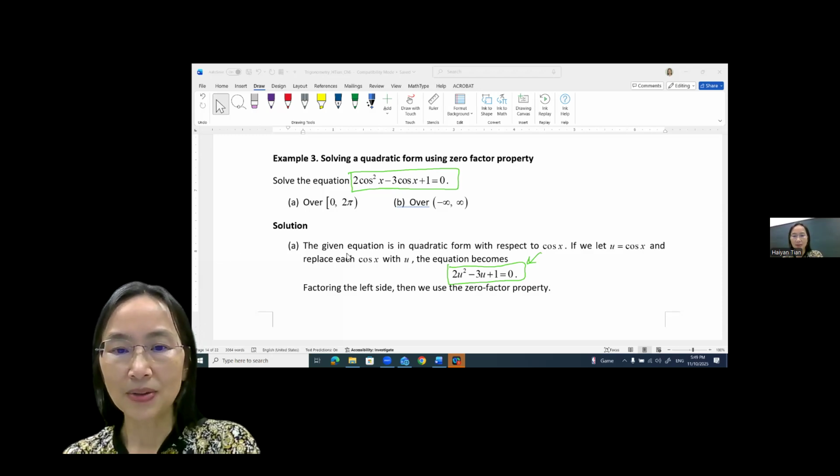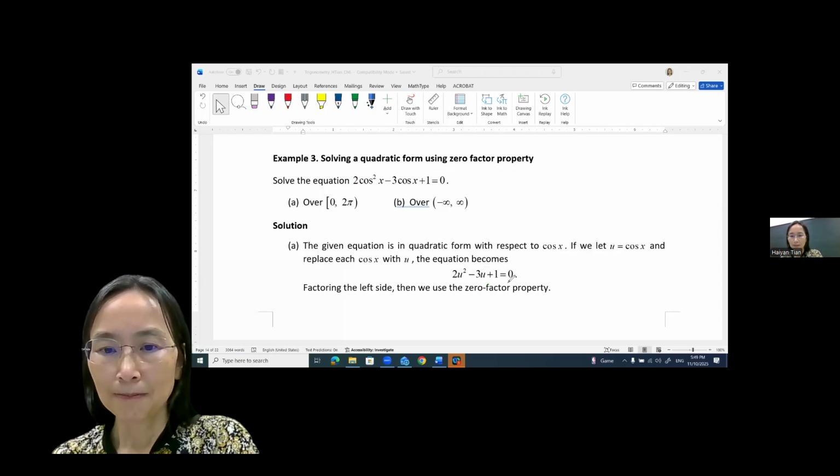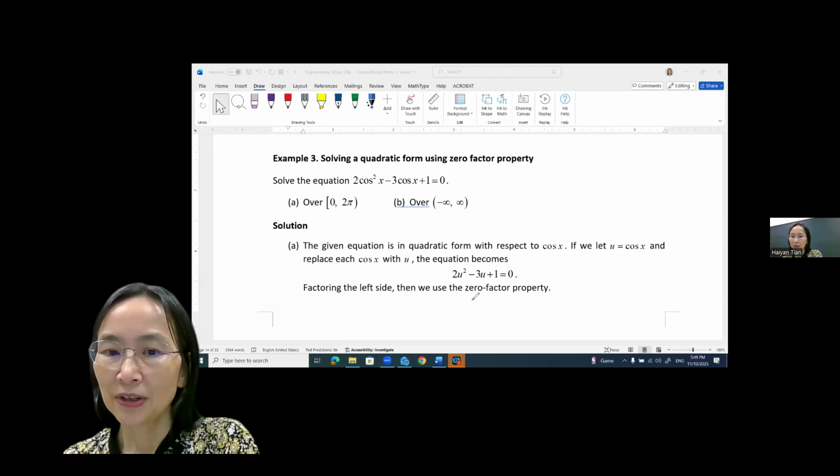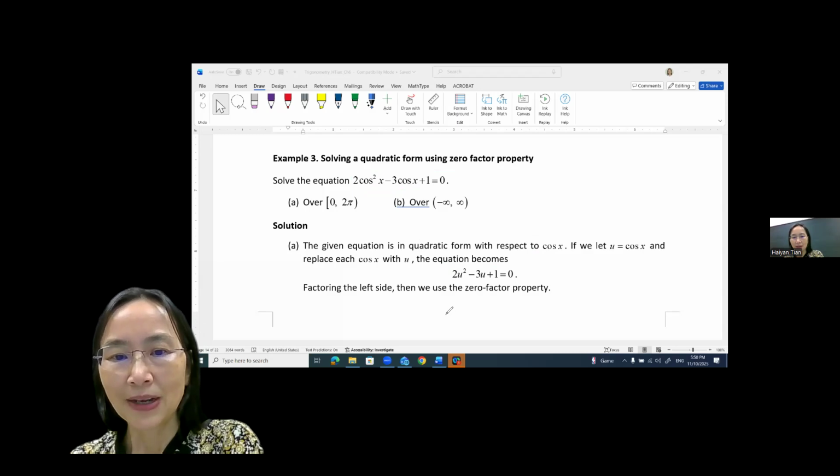So then solving this equation is not new. You just try to factor if possible, for example, or you can use quadratic formula. So let's factor it.